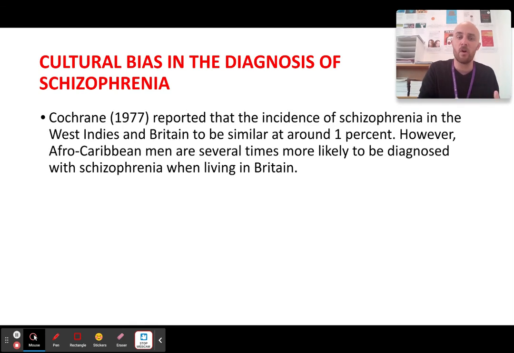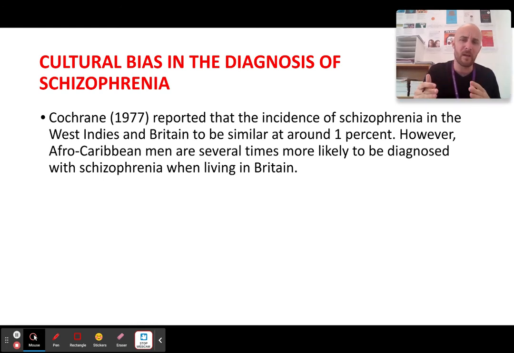And this was seen by Cochrane, who found that in the West Indies, so Caribbean islands, schizophrenia rate is 1%. In Britain, schizophrenia rate is 1%. But when you've got Afro-Caribbean men coming from the West Indies to Britain, bringing their culture with them, the rate goes up from 1% up to 7%.